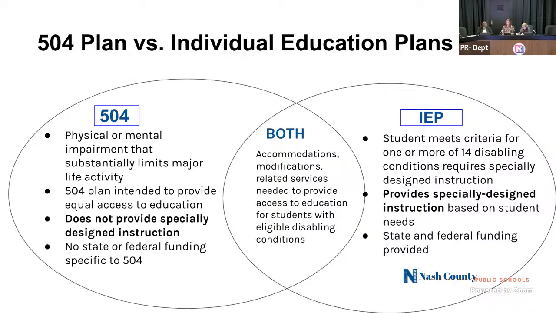And in terms of the IEP process, students are found eligible by meeting the criteria for one or more, actually, of the 14 disabling conditions that require specially designed instruction.